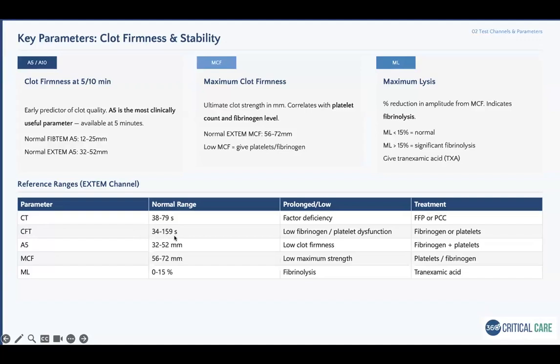Again, if it is deranged, then there is low fibrinogen and platelet. A5, if it is low in the FIBTEM, low fibrinogen, and if A5 is low in the EXTEM, that means both fibrinogen and platelet may be low. Then maximal clot firmness, again platelet and fibrinogen it looks for, and lysis, if it is more than 15%, then there is ongoing fibrinolysis. Okay.